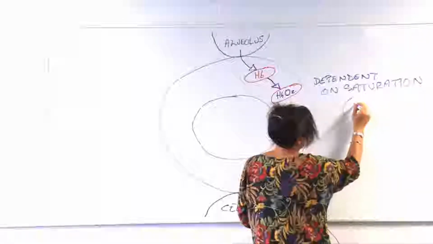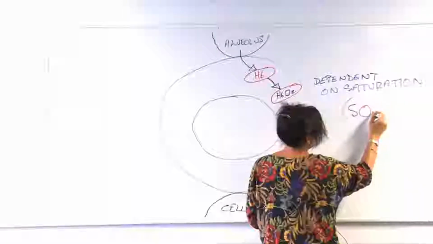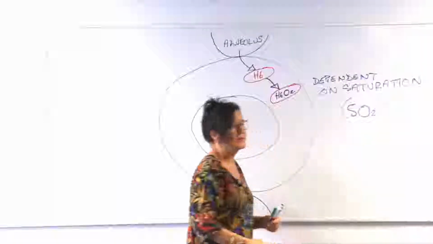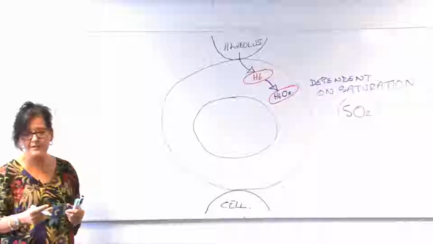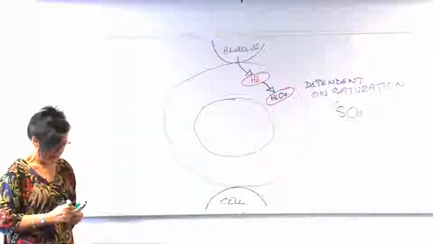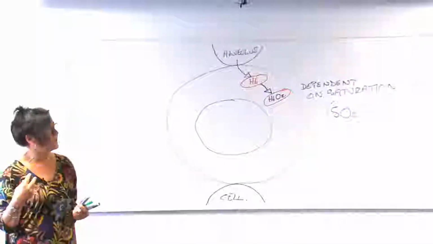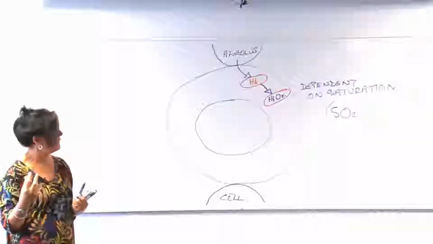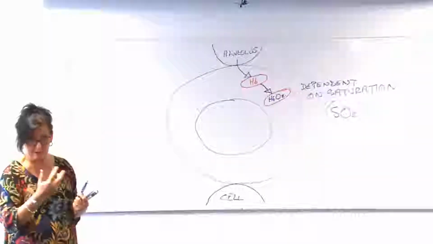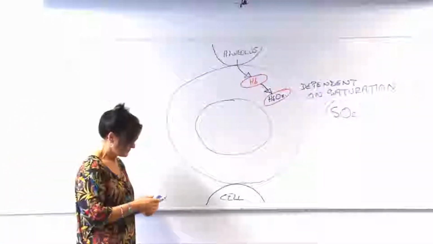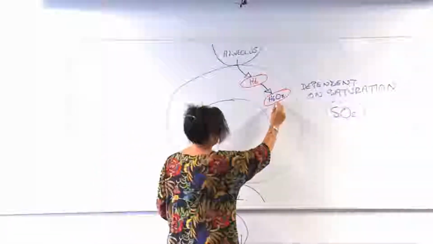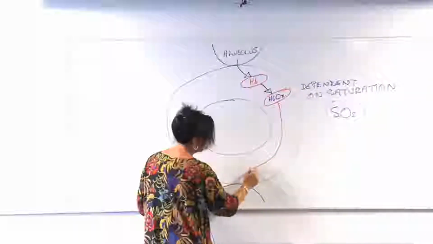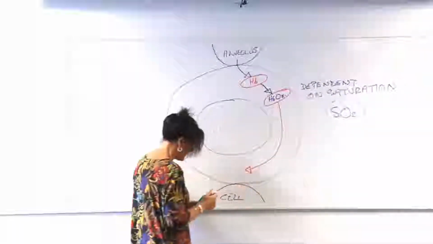Remember, we're talking SO2 being the symbol for saturation. So we've got our little erythrocyte, and bound in the hemoglobin metalloproteins, potentially 4 oxygen molecules per hemoglobin, depending on saturation. That's going to travel round in the circulation just like that.